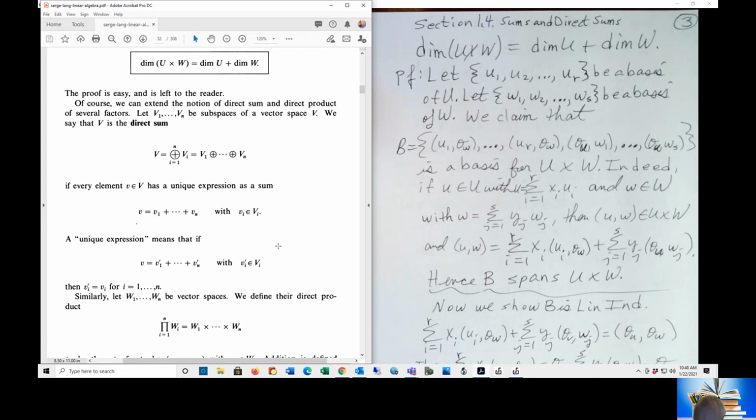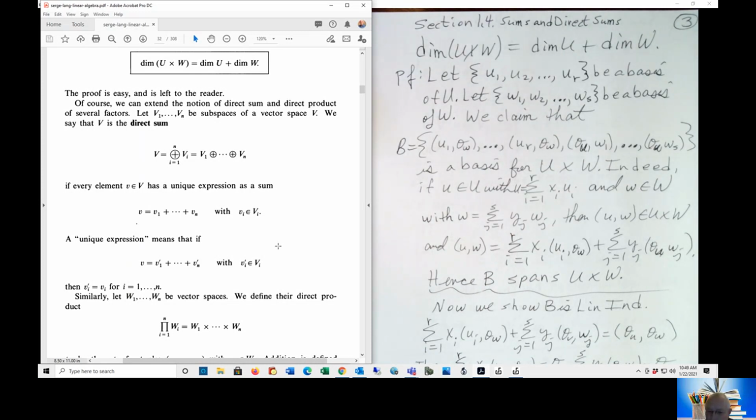And we can write the ordered pair (u, w) as the sum of the following two vectors. The summation i from 1 to r of the scalar xi with the ordered pair (ui, zero vector in W), plus the summation j from 1 to s of the scalar yj with the ordered pair (zero vector in U, wj).